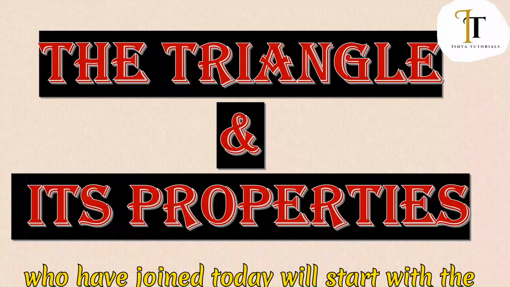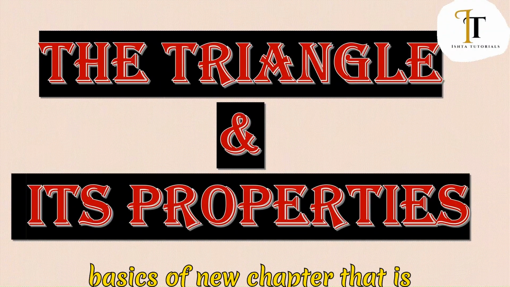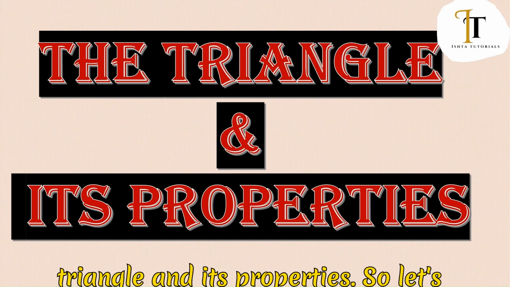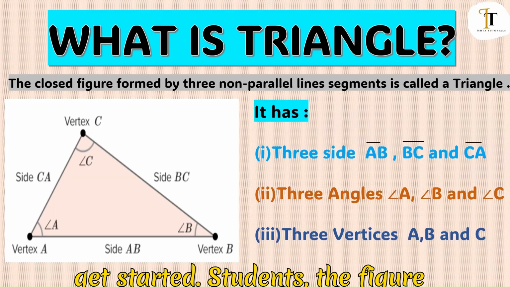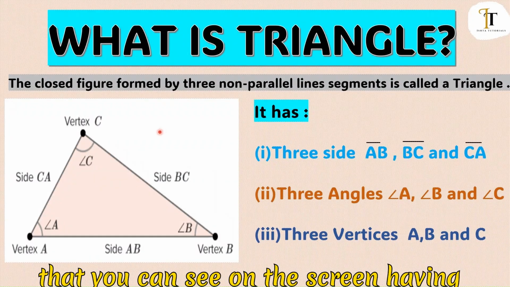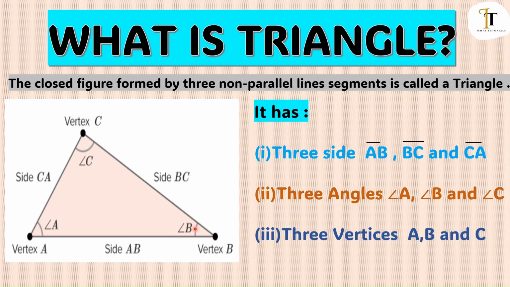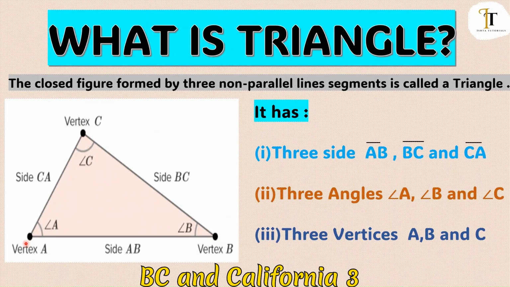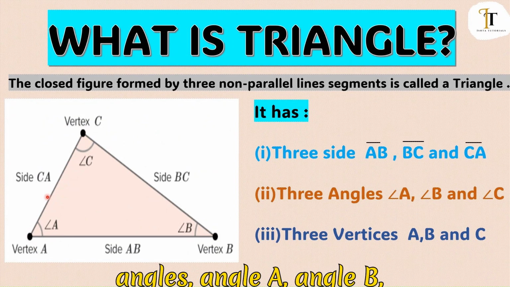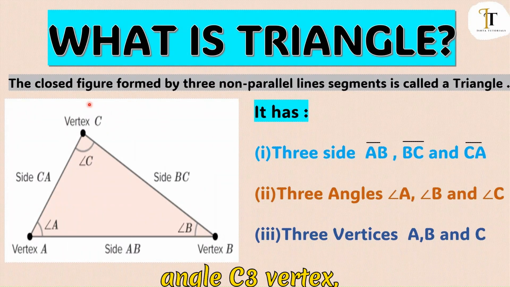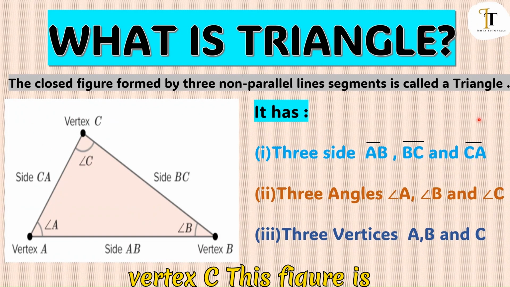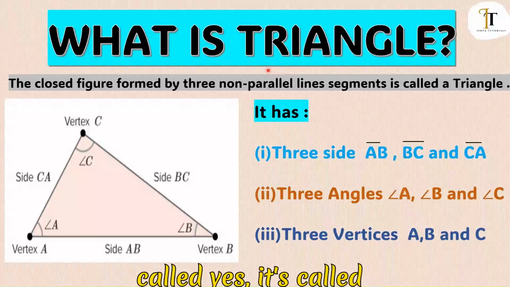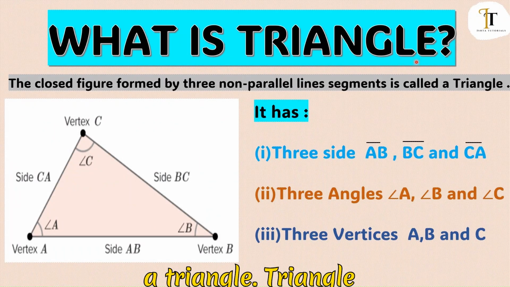Those who have joined today will start with the basics of the new chapter, that is triangle and its properties. So let's get started. Students, the figure that you can see on the screen having three sides AB, BC and CA, three angles, angle A, angle B, angle C, three vertices, vertex A, vertex B and vertex C. This figure is called, yes, it's called a triangle.